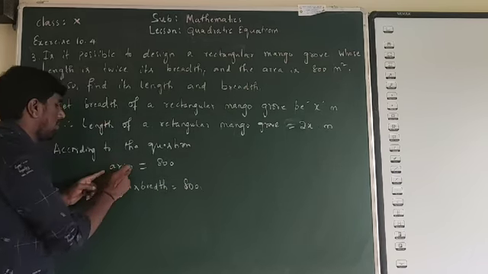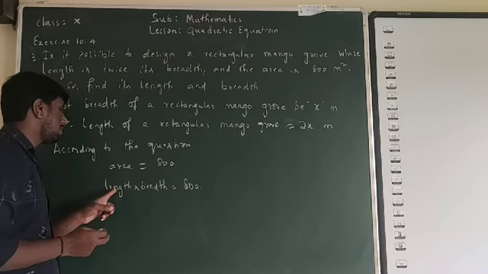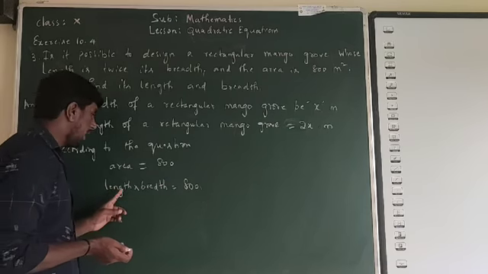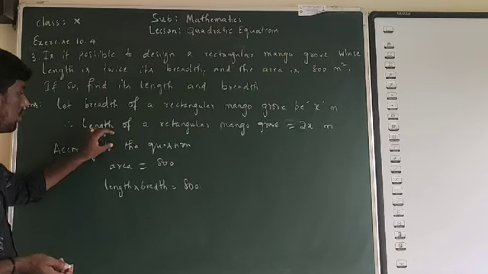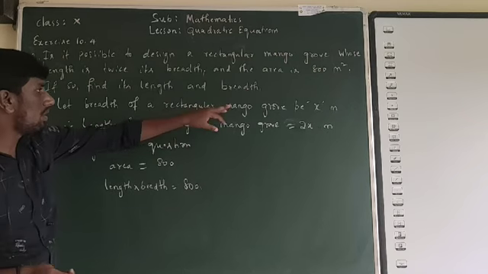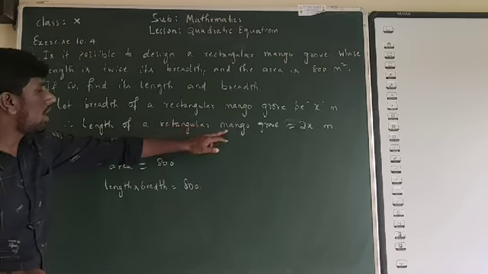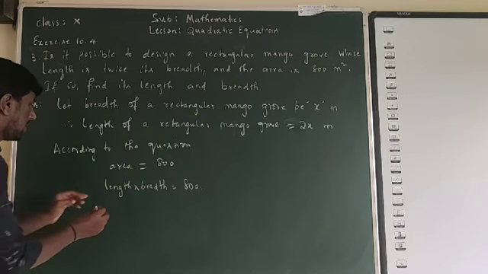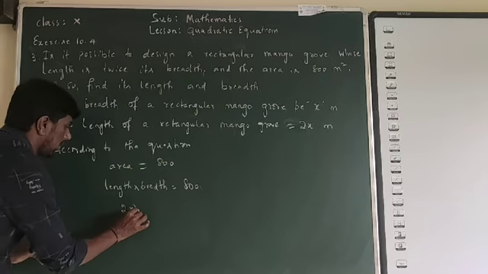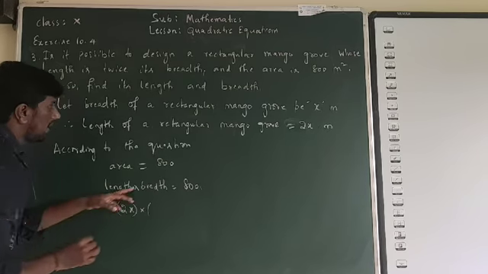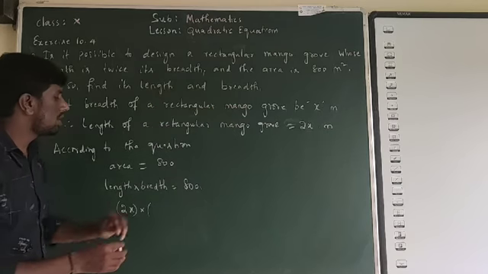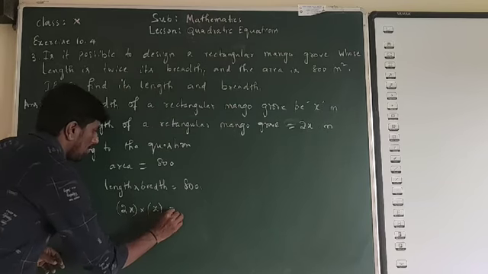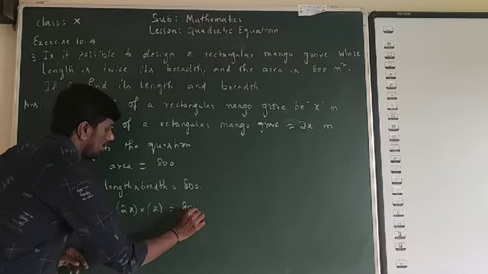Let us substitute the formula for the area on the LHS, because area is equal to length into breadth. The length of the rectangular mango grove is 2x, so let us substitute that 2x into the breadth of this rectangular mango grove, which is x. We will write it as it is.